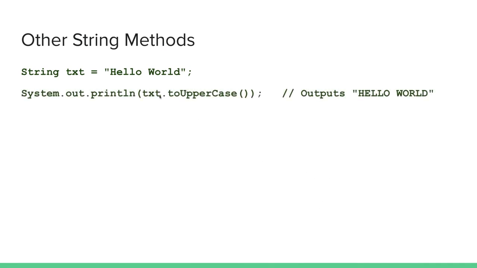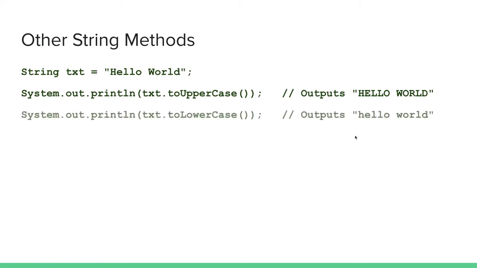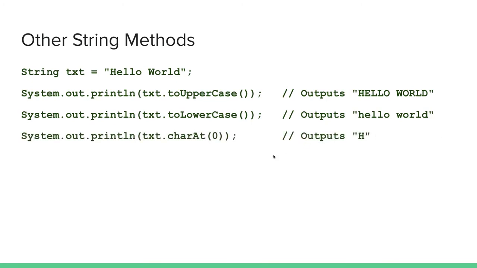Calling text.toUpperCase, by the name suggests, will output hello world in all caps, and text.toLowerCase would do the opposite, where all letters will be lowercase. Another interesting one is charAt(0), which will return the character at index 0, which in this case will output H.